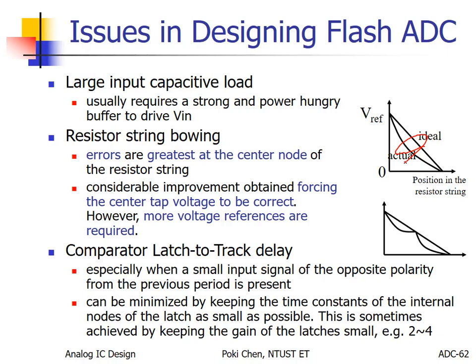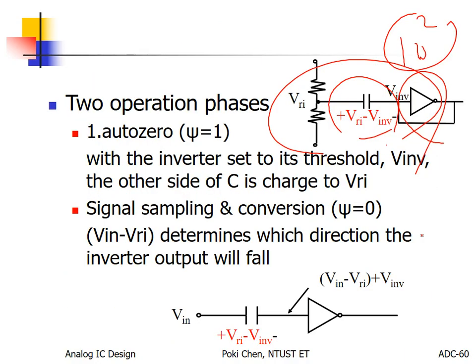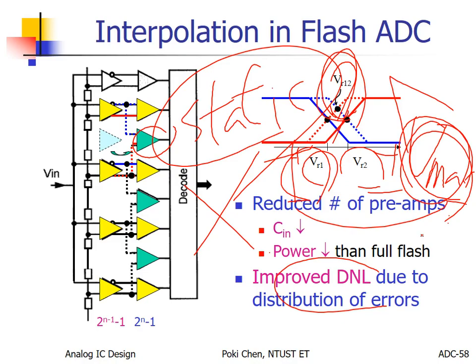That is really harmful. How to fix it? We can do calibration to make it like this. What do I mean by calibration? You have some kind of exact reference voltage. In the middle, in theory or in practice, you get the maximum deviation of your reference voltages.